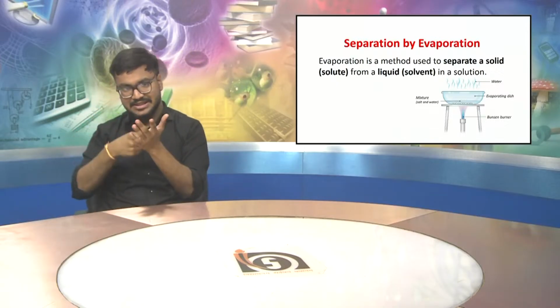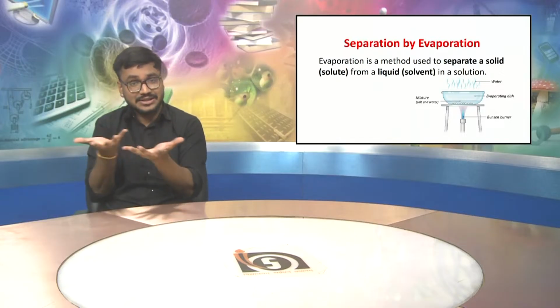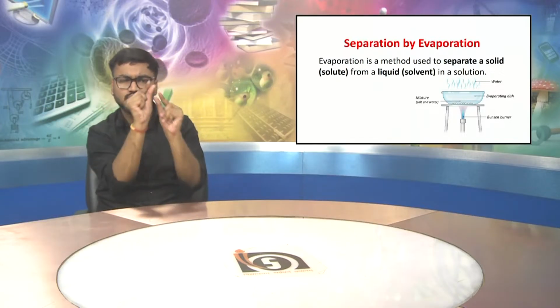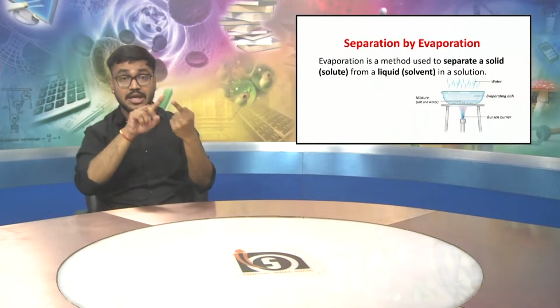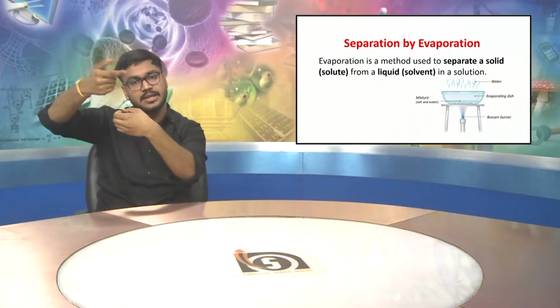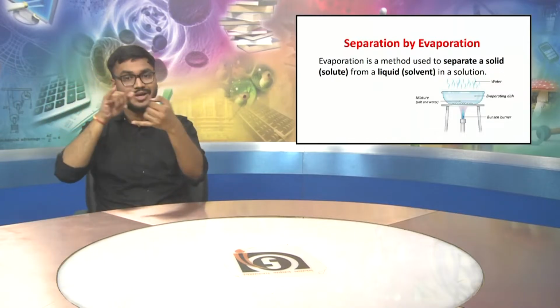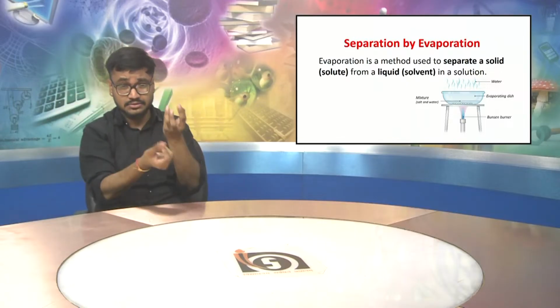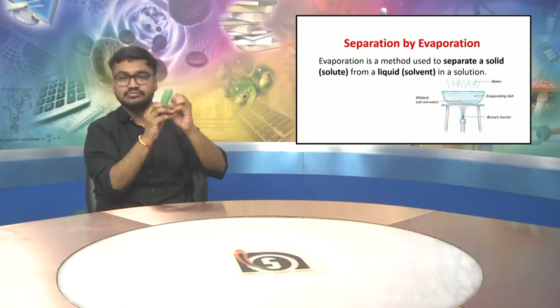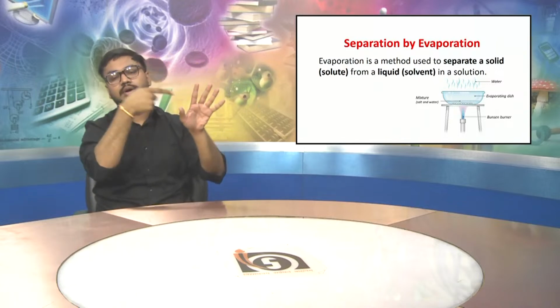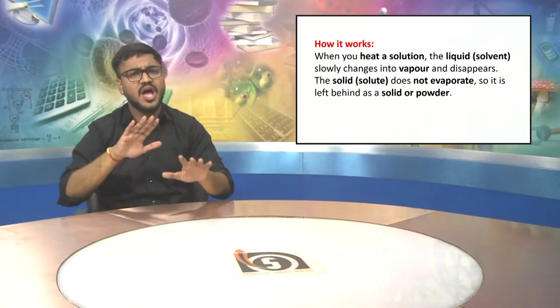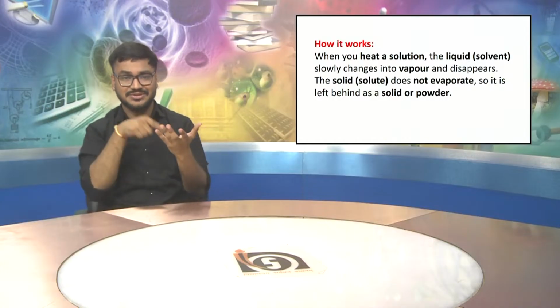Next is separation by evaporation. Evaporation is a method used to separate a solid, which is the solute, from a liquid, which is the solvent, in a solution. And how does it work?